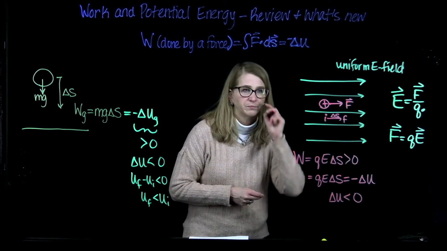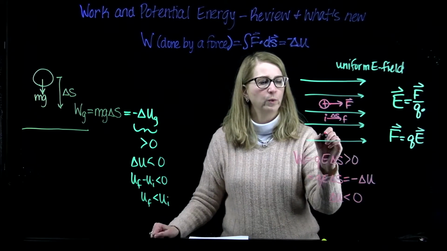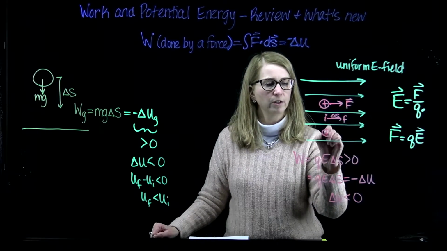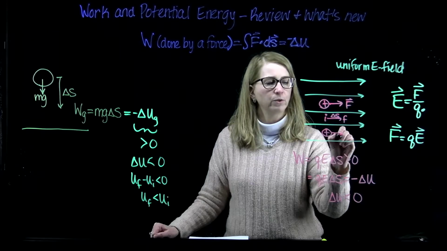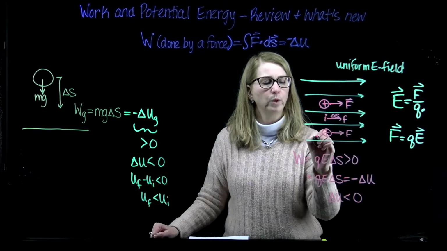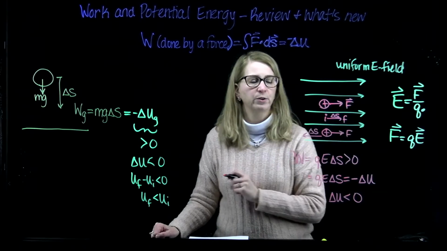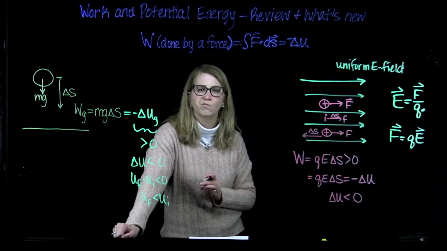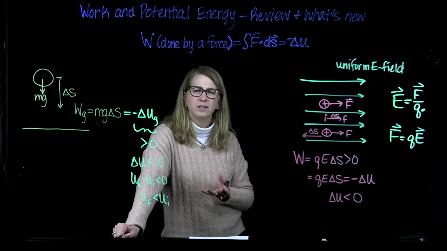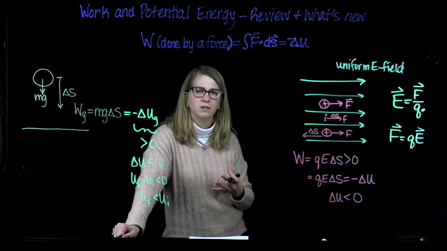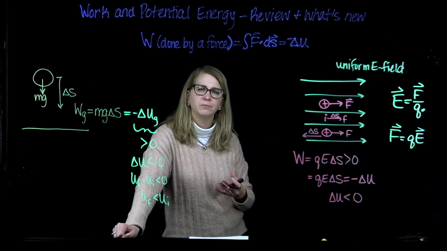What about the case where I take a positive charge, it feels a force like this, but what if delta S is like this? Is that going to happen spontaneously? Will that just happen, or do I have to make it happen? Think about that.